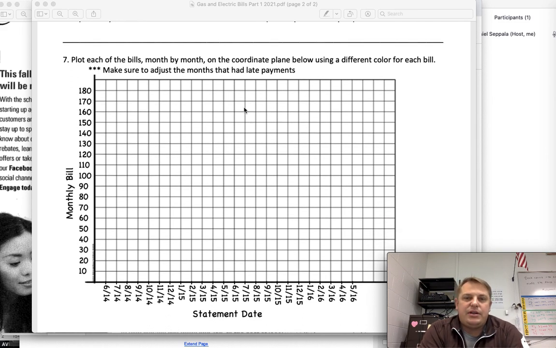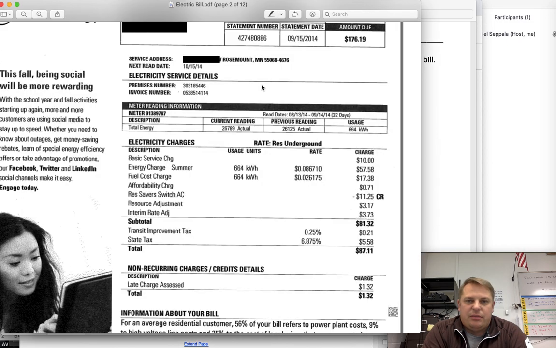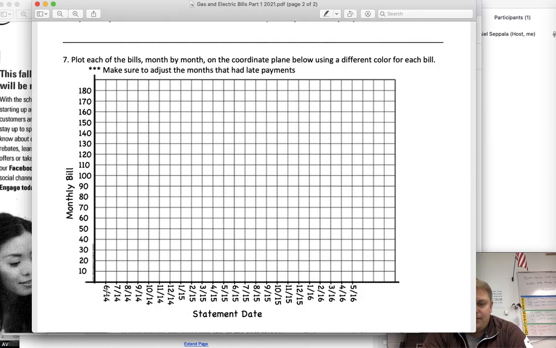And then we get to the graph. We want to graph both gas and electric. Use a different color for each, or if you don't have multiple colors, you could use little X's for one and dots for the other. One other thing to point out: when you look at the bills, the statement date has month, day, and year like we're used to, but for the graph it's just the month and the year, because all we care about is going from month to month.